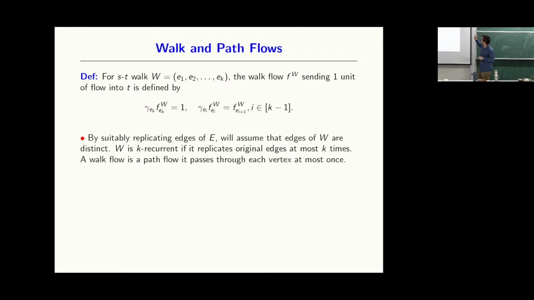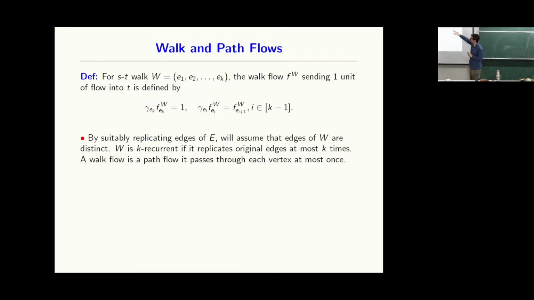It turns out that for the purpose of the domination argument, we can't only use paths. We have to use walks, but we're going to use walks to dominate paths. So there's a little bit of cheating, but don't worry about it.